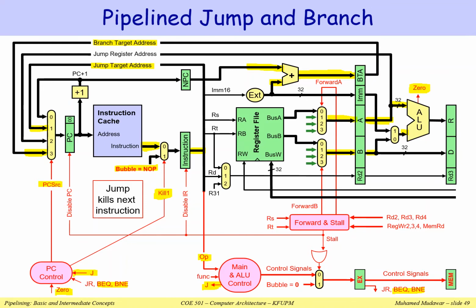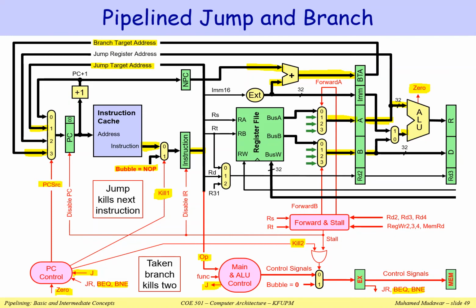But by the time we have selected the branch target address, we have the next and next-next instructions in the pipeline. These two instructions both have to be killed. So we need kill 1 and we need kill 2. Kill 2 is going to kill the instruction which is in the second stage of the pipeline. This will be the next instruction appearing after the branch.